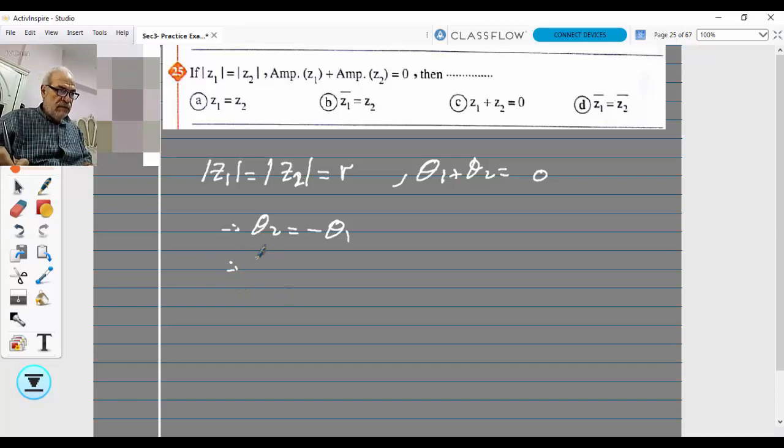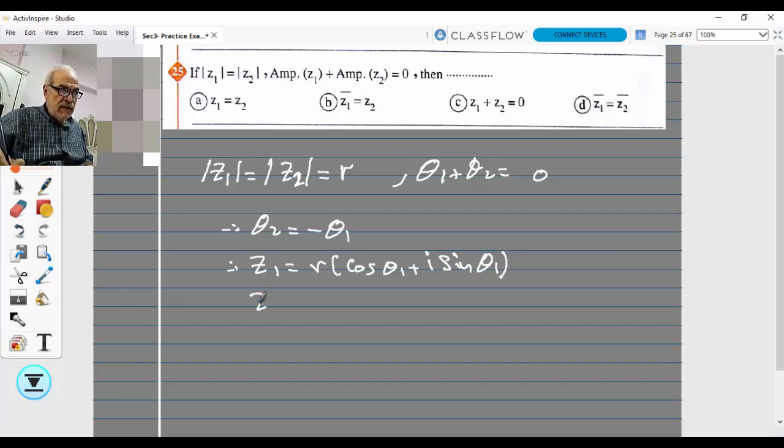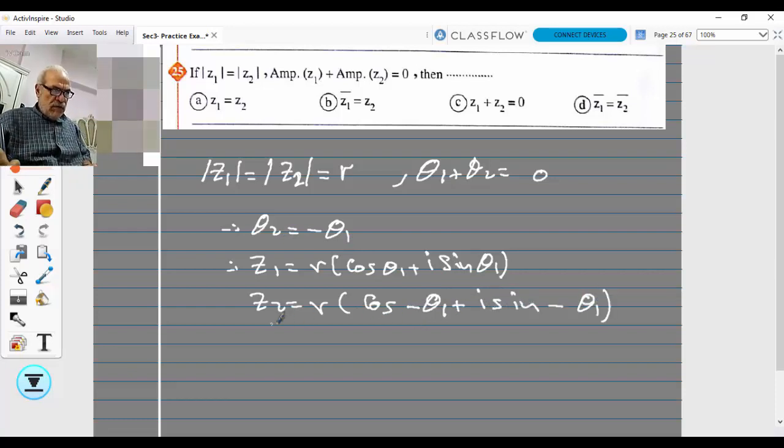So Z1 equals R (cosine theta 1 plus i sine theta 1), and Z2 equals R (cosine negative theta 1 plus i sine negative theta 1), because Z2 equals R (cosine theta 2 plus i sine theta 2), and theta 2 equals negative theta 1.